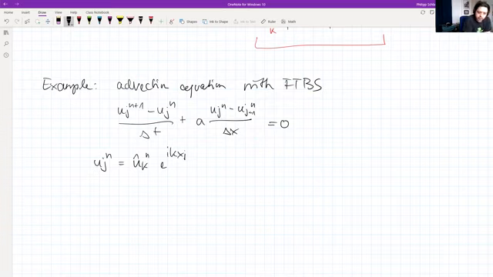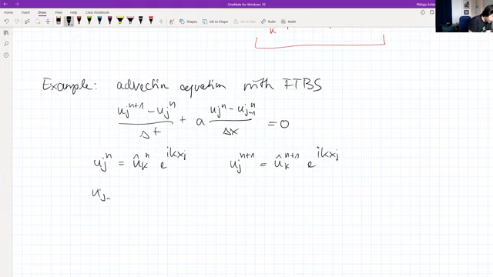So there's no problem with that. But now u_j^{n+1}. If you go one step ahead in time, that would be essentially the same. You have u hat k, but then you have n plus 1 here times e to the i k x_j. So there's no change in the spatial part, but there is a difference in the temporal part.